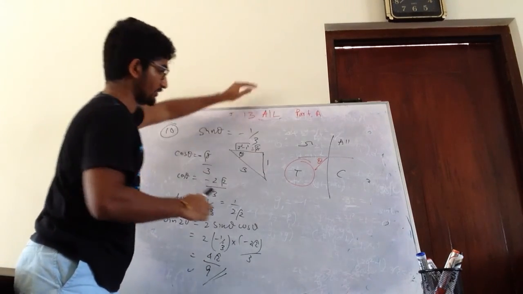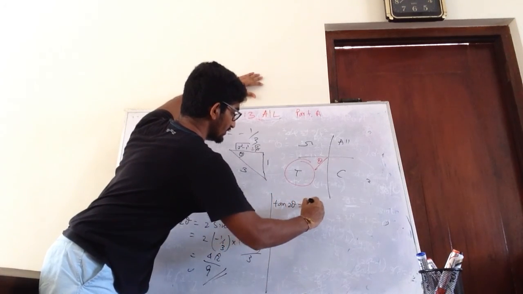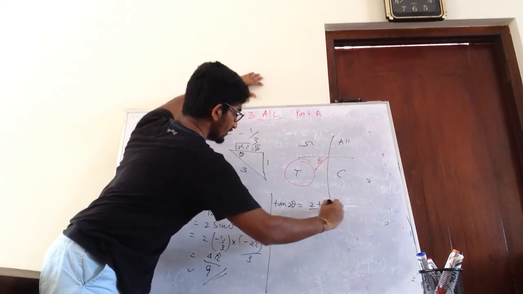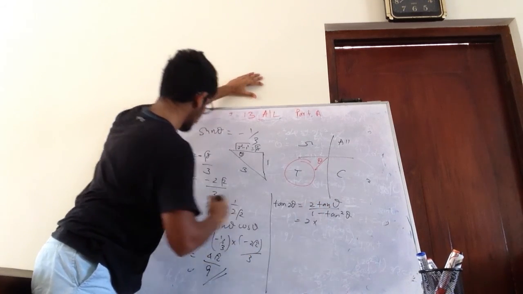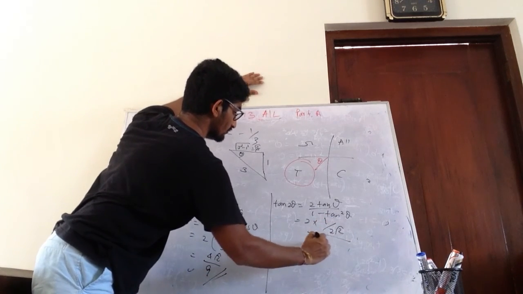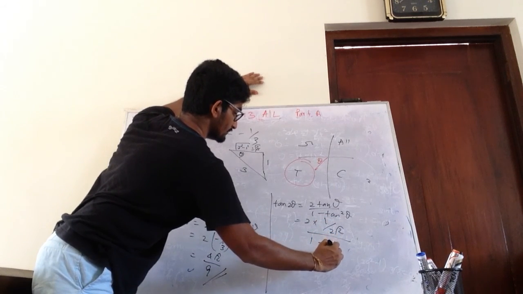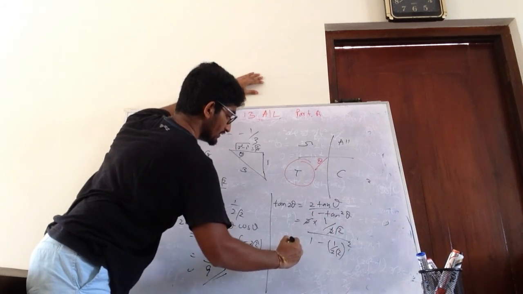Then what's the second one? That is tan 2 theta. So tan 2 theta is 2 tan theta over 1 minus tan square theta. That is 2 into 1 over 2 root 2, over 1 minus 1 over 8. The 2 gets cancelled off.